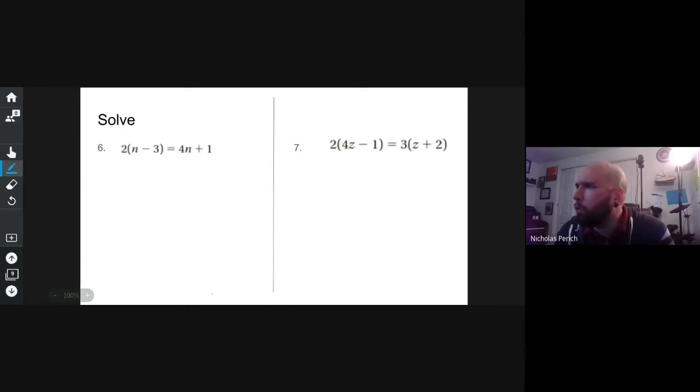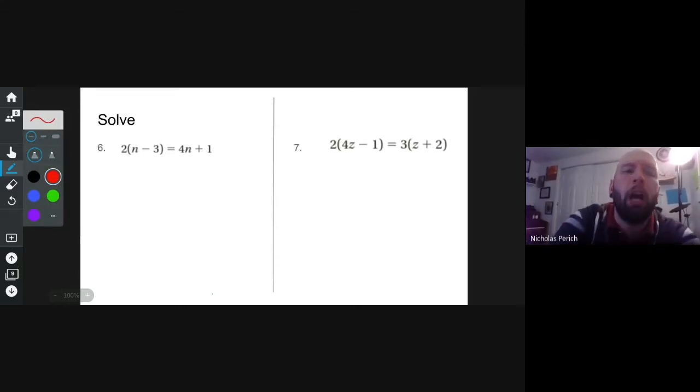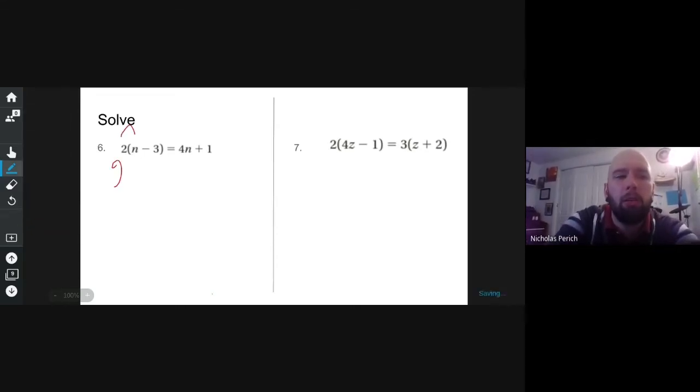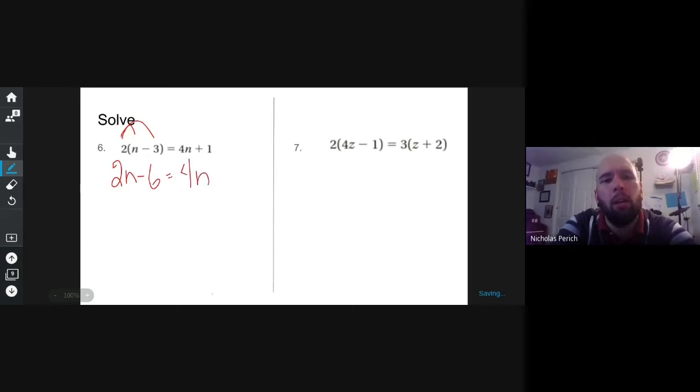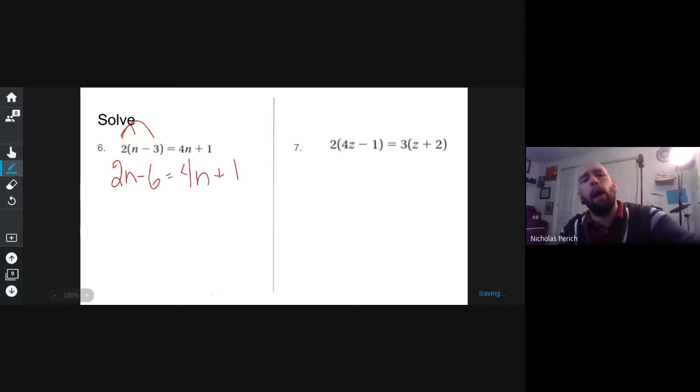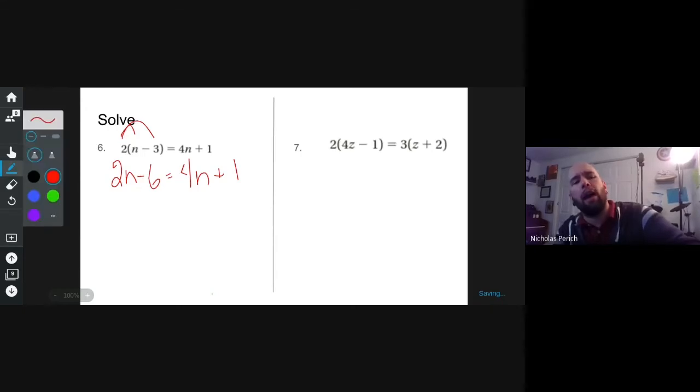So problem 6, what do we do first? Type it in or say it. Multiply. Distributive property is what I'm assuming you meant. So I have 2 times n, 2n. 2 times negative 3 is negative 6 equals 4n plus 1. I have a 2n on the left and a 4n on the right.